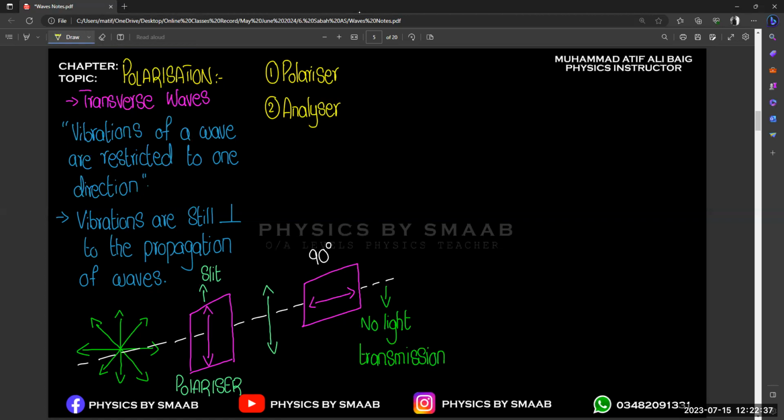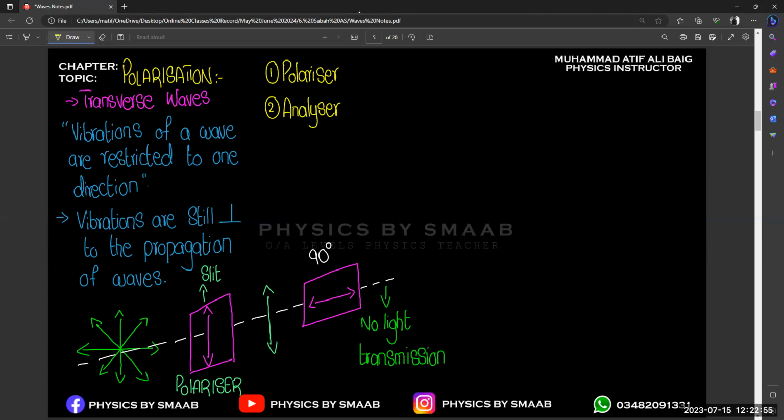Just like in this situation, we placed another polarizing material in horizontal position. So basically, it decides how much light we are going to observe after the second material. That's why it is the analyzer.